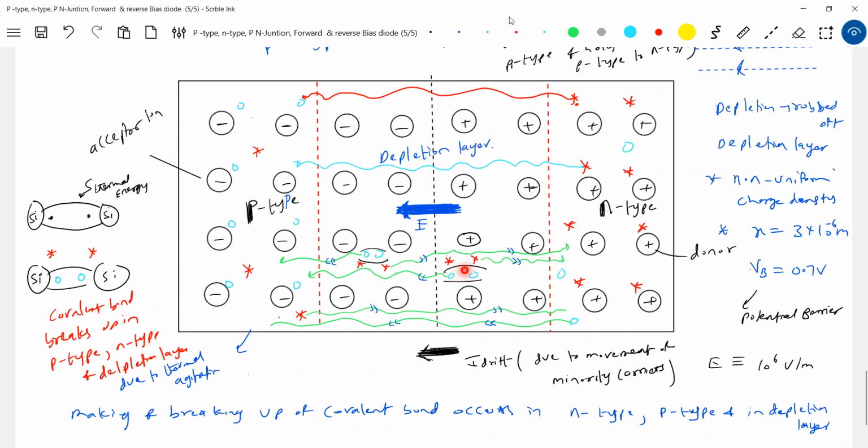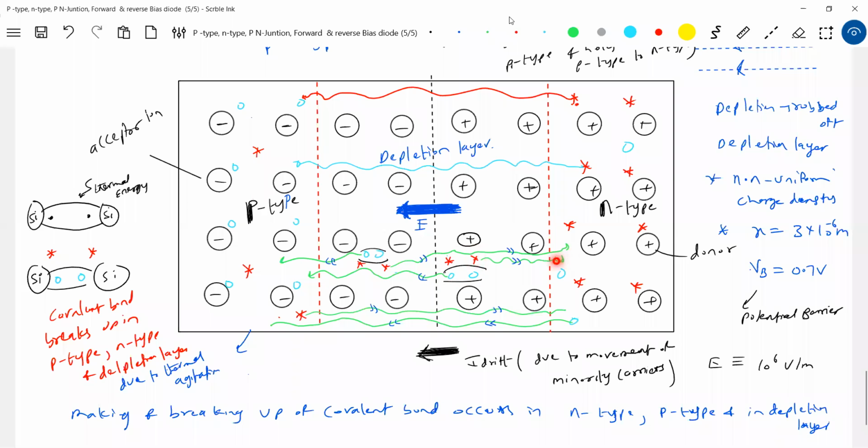Suppose here one covalent bond has broken up. Two electrons and two holes are generated. The holes will move like this and the electrons will move like this.